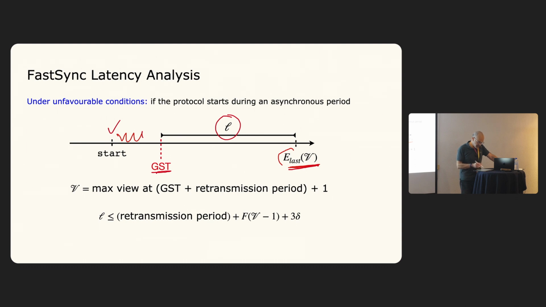In this case, we can show that this first good view is the maximum view at GST plus the retransmission period, which we need to tolerate message loss, plus 1.